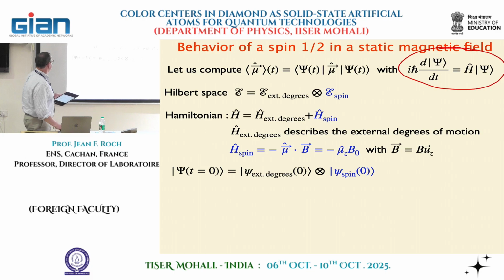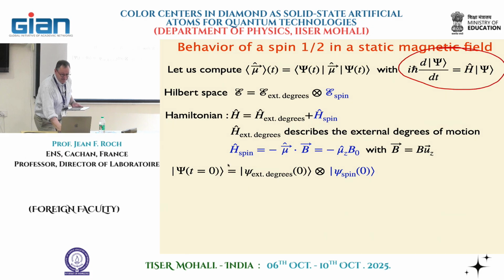So I now use the Hilbert space that is made by combining the external degree of freedom of the atom with the internal degree associated to the spin, as a tensor product. So now the Hamiltonian has two parts. One will describe the external degrees of motion. For instance, it can be associated to the Coulomb potential that binds the electron to the nucleus of the atom.